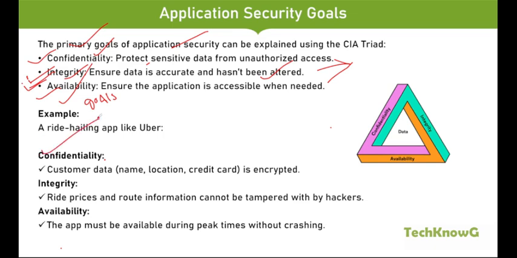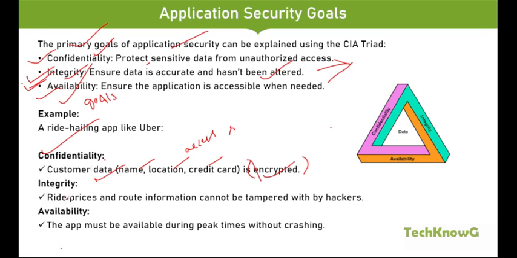Take an example of a ride handling app like Uber. Customer data is encrypted, so that is customer confidentiality. We can set a name, location, or a credit card, and these are encrypted. This is related to confidentiality, and access-related issues are also related to confidentiality. Unauthorized access should not be given.